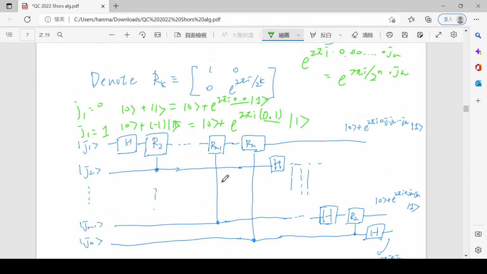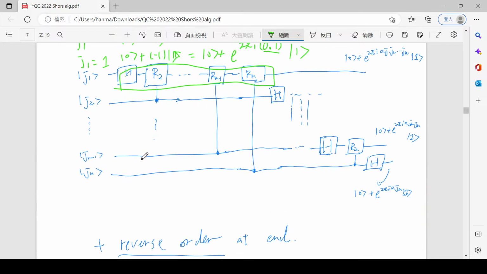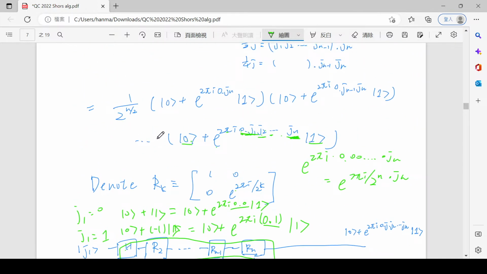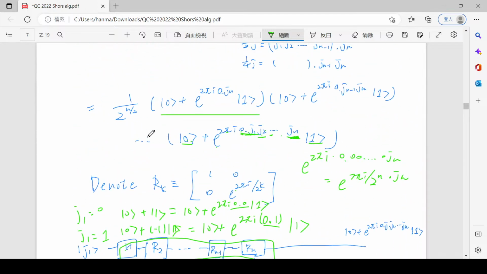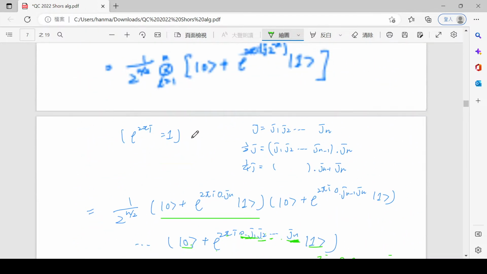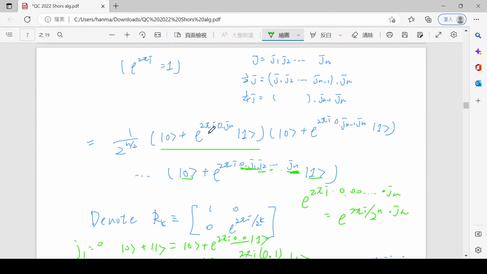So when you do all these gates, you will turn the first qubit into this thing. And then similarly, you do it on the second qubit and all the way up to the last qubit. The last qubit is the simplest one, so you turn the Jn bit with a Hadamard, as we said. If you apply Hadamard on Jn, it becomes 0 plus e to the 2 pi i 0.Jn 1.